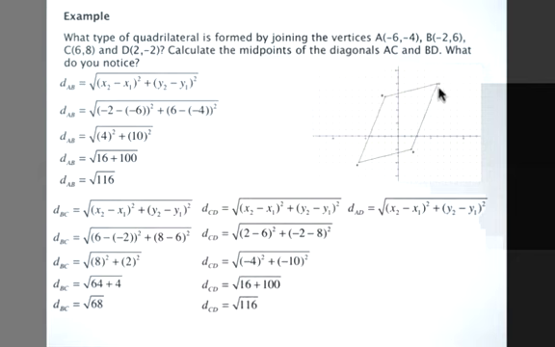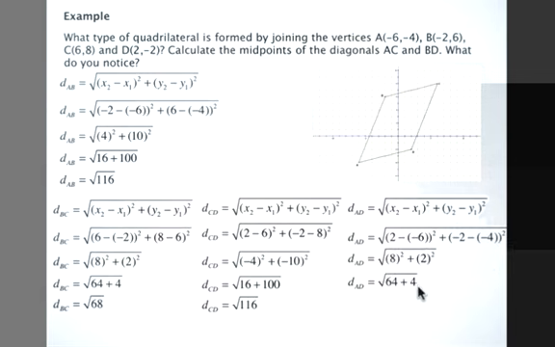So side CD has a length of the square root of 116. Finally, side AD, 2 subtract -6 squared plus -2 subtract -4 squared, 8 squared plus 2 squared, 64 plus 4. So the length of AD is the root of 68.